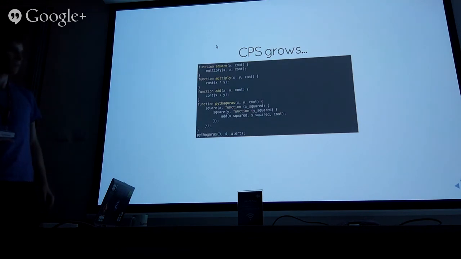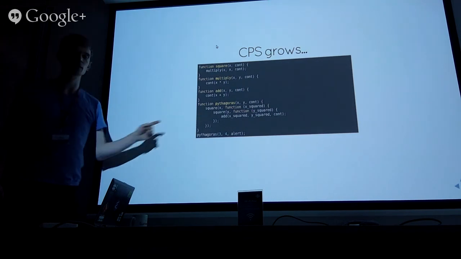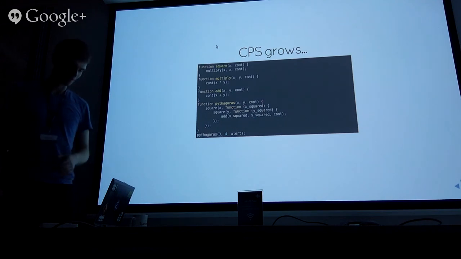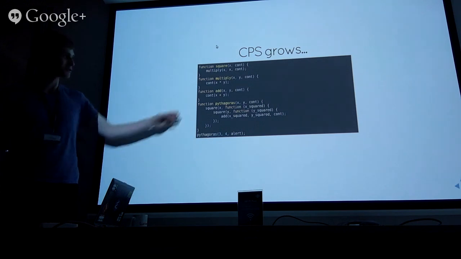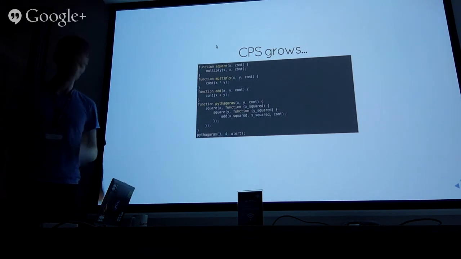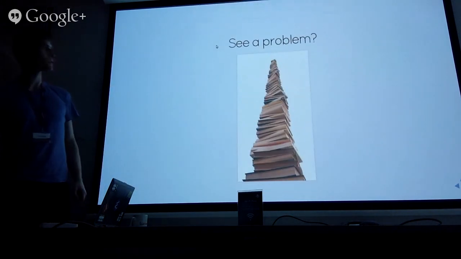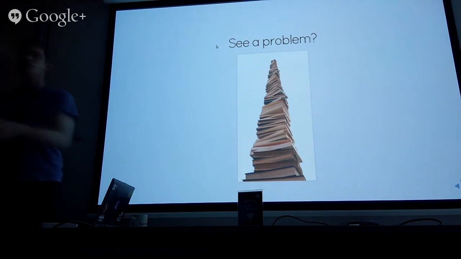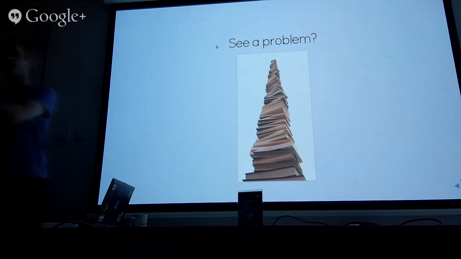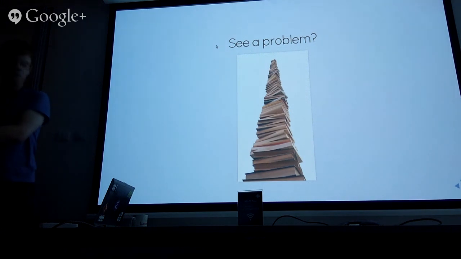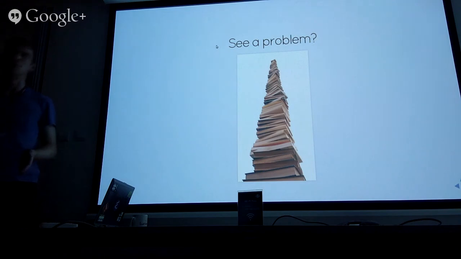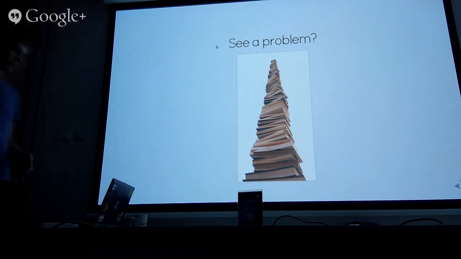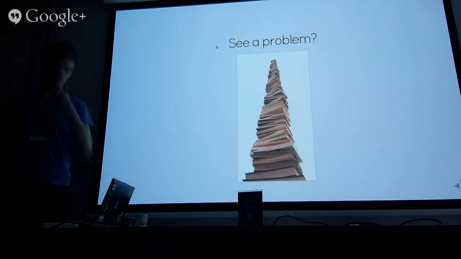Yeah. So the problem is the pyramid of doom, but there is another problem. For example, in JavaScript, if you have many nested function calls, and you add recursion, you have a stack overflow problem, because JavaScript also uses a stack.